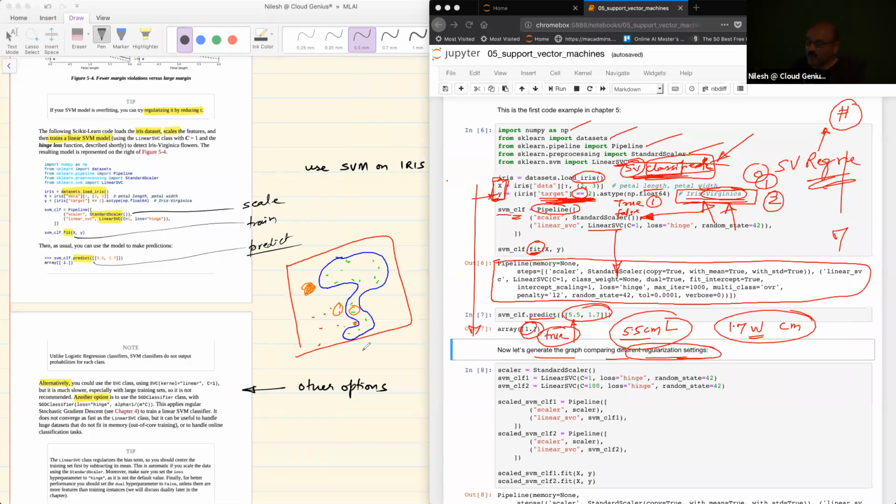So the underlying concept of regularization is to reduce the intensity with which this blue line is trying to fit the training data, so that it generalizes better. What we are really after is to reduce the impact of the fit of the algorithm on the existing training data to some extent.